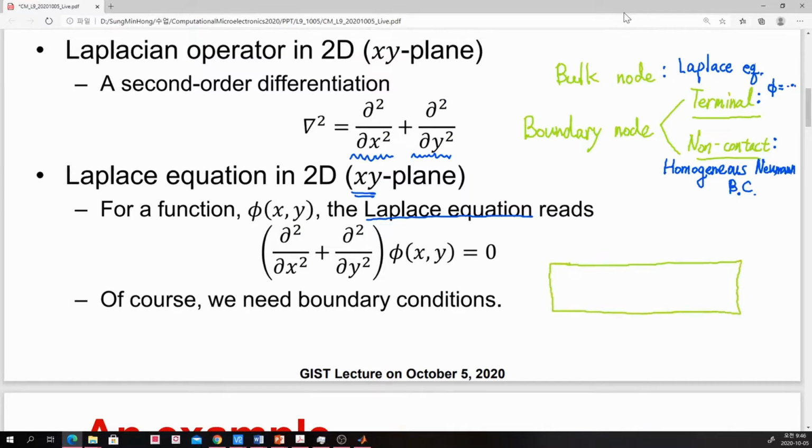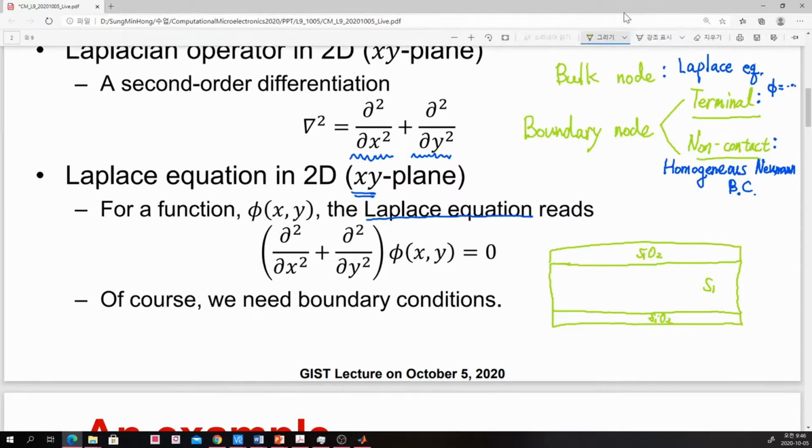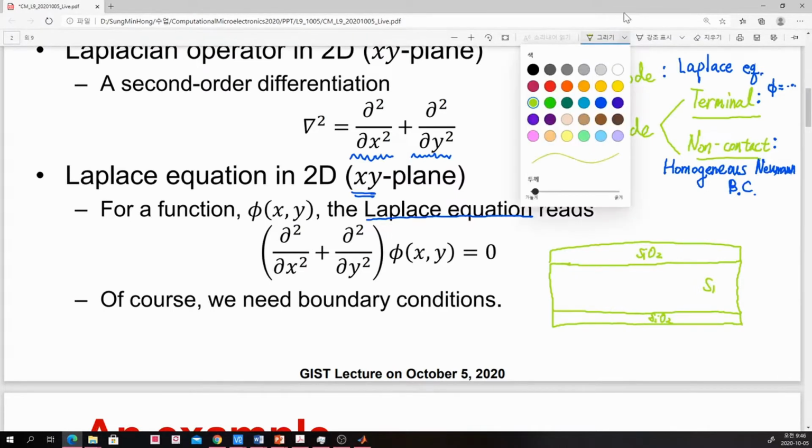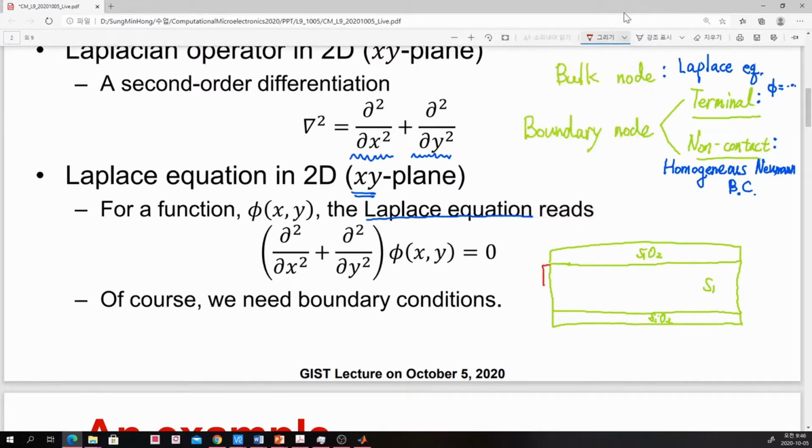So now we expand our discussion to the two-dimensional case. In this case, we have silicon with silicon dioxide on top of it, also silicon dioxide on the bottom. And as I told you before, here we have the source and drain contacts, the gate contact and the bottom gate contact.